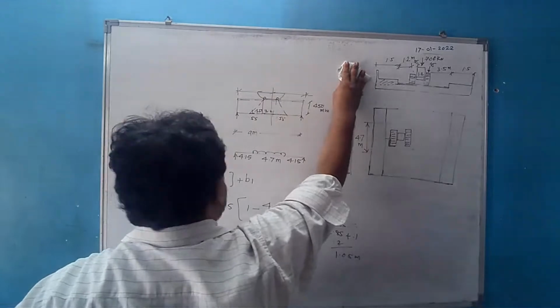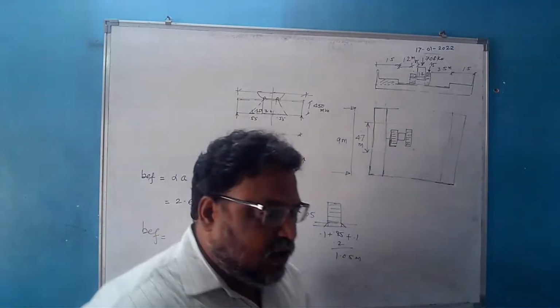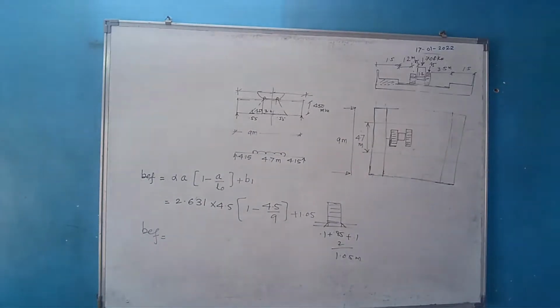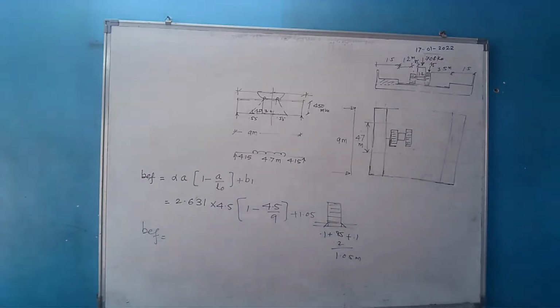Will someone please give me the answer? 6.969. Did we take 7 or 6.97 last time?